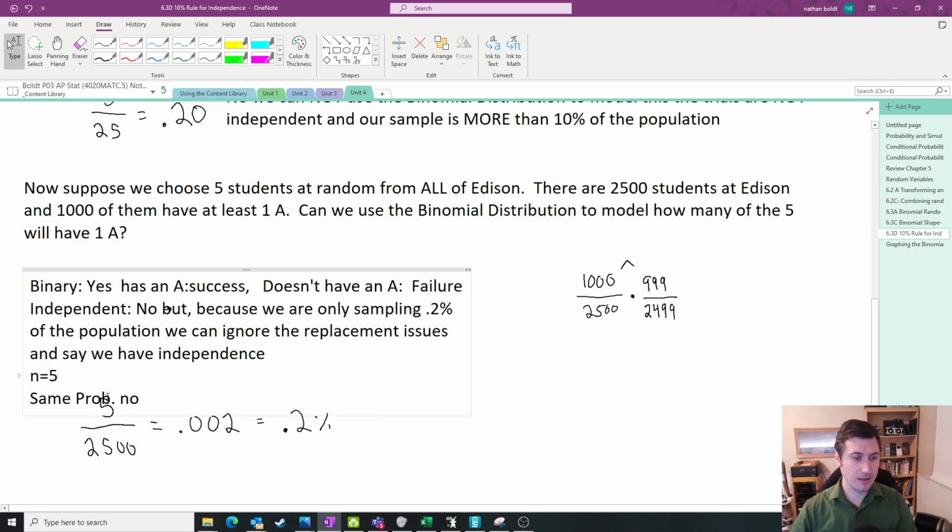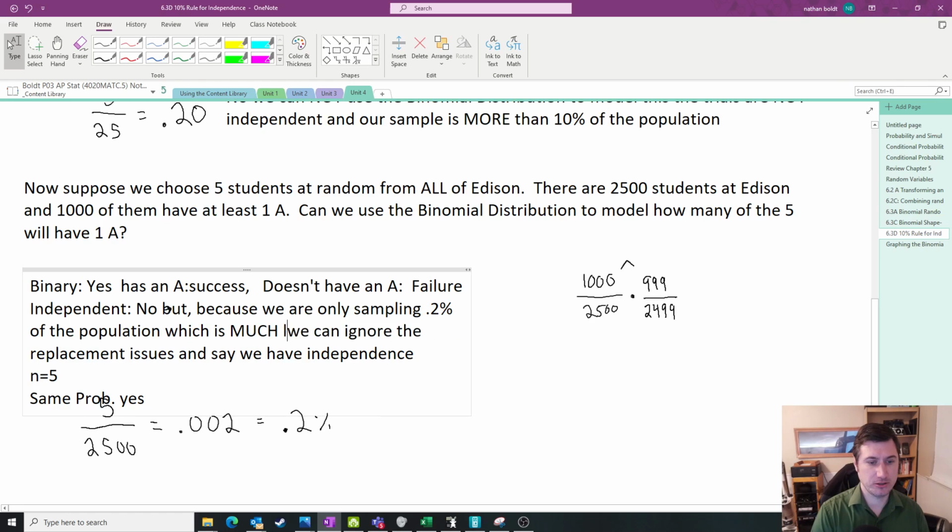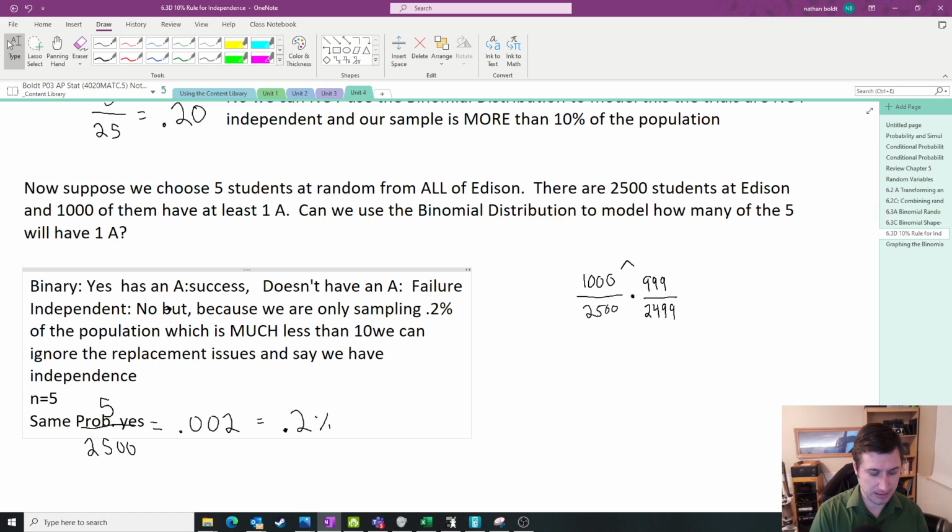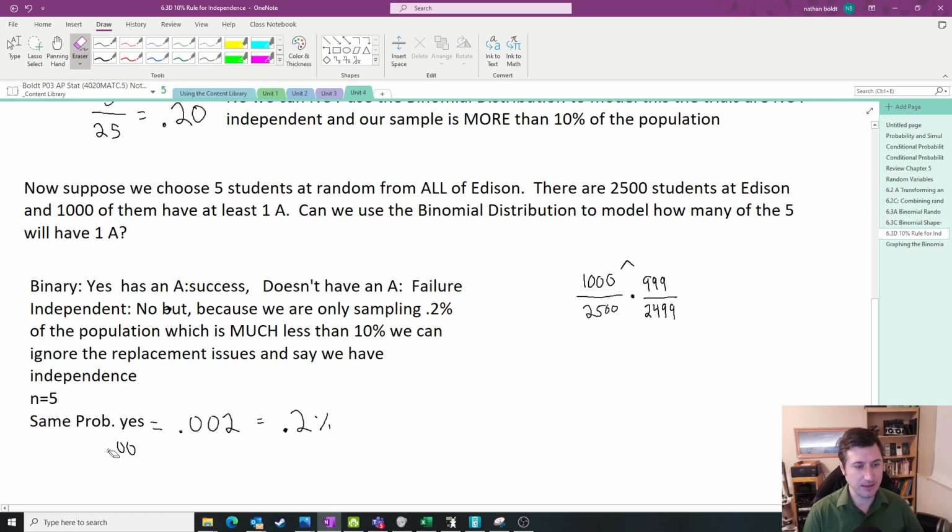Okay, so essentially, same probability, yes. Because we are sampling 0.2% of the population, which is much less than 10%, we can ignore these replacement issues and say that yes, we do have independence.